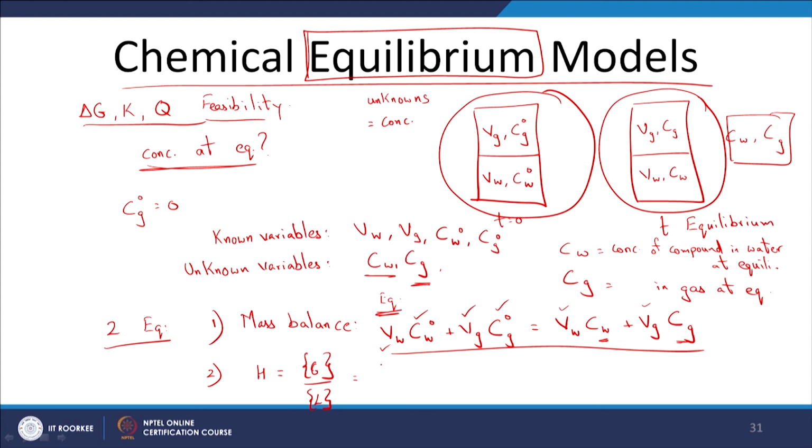If I approximate that by concentration, that is going to be equal to the concentration in the gaseous phase divided by the concentration in the aqueous phase at equilibrium. So, now I have two equations and two unknowns, and I will be able to solve the relevant system here. So, what are we looking for here always? You are trying to identify the unknowns or variables and develop relevant equations to be able to solve them.